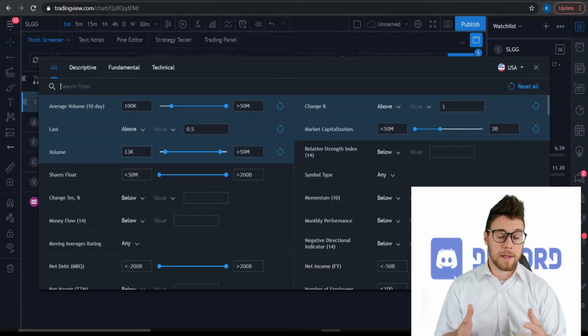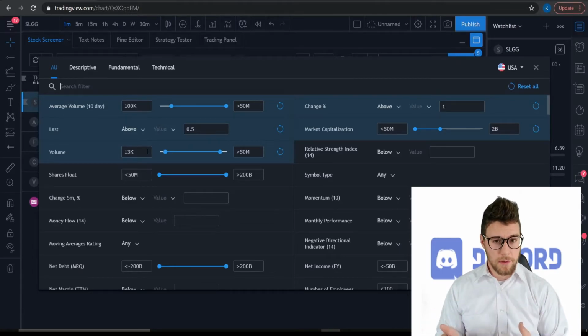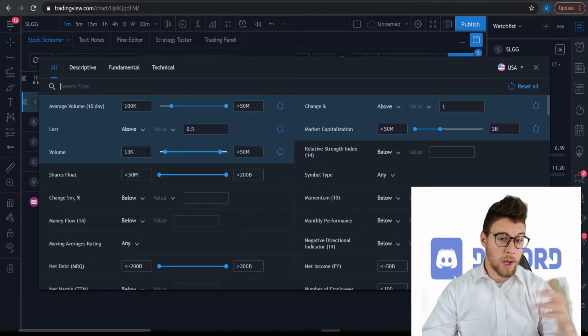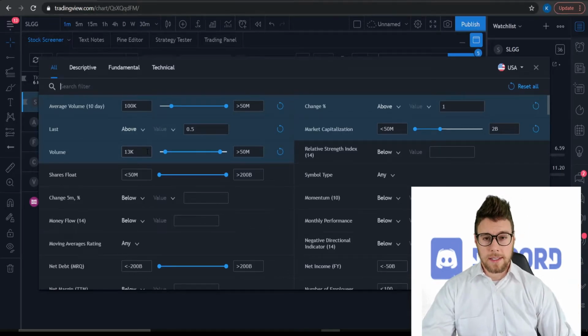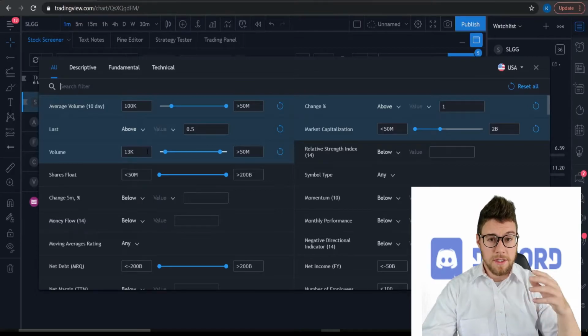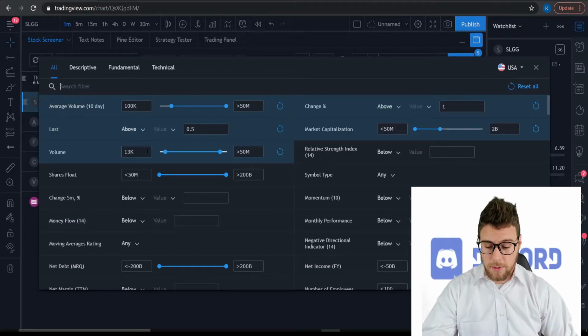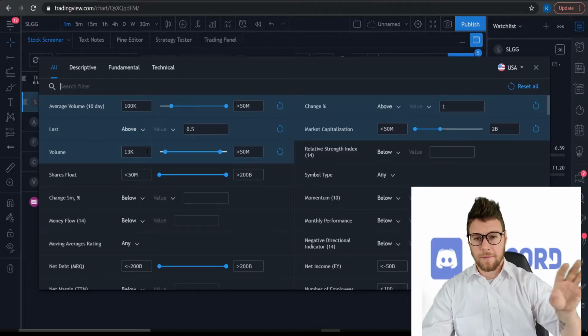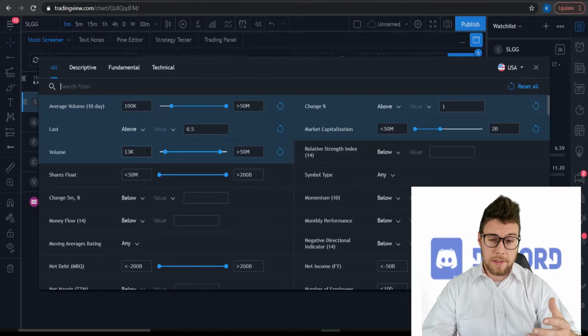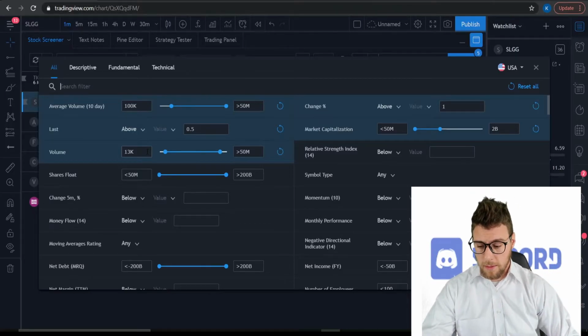I wouldn't usually jump in on that because it's so low volume, but some plays like that can really run up and make you a lot of money, especially if it's a small cap with a small float. Then you could really get into position and just fly. But again, you want trend as your friend, volume is your friend, so keep that in mind.